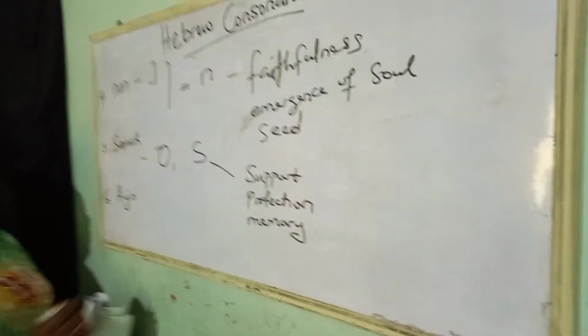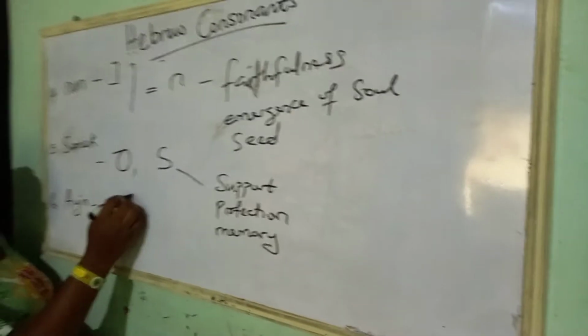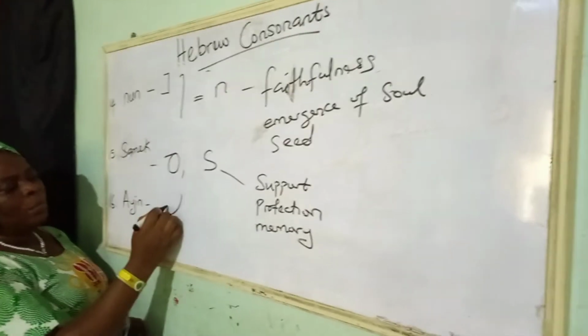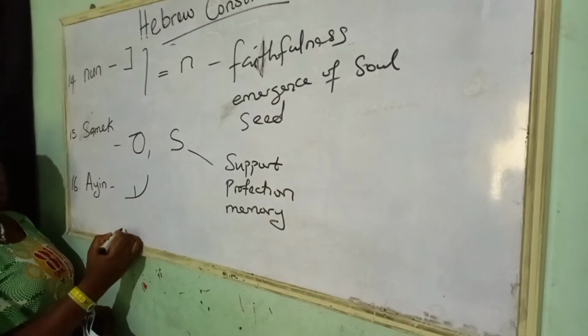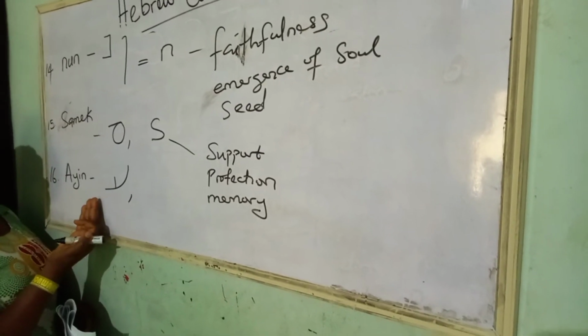Ayin. The Ayin is written in Hebrew like this, because it's a consonant that is pronounced in the throat.